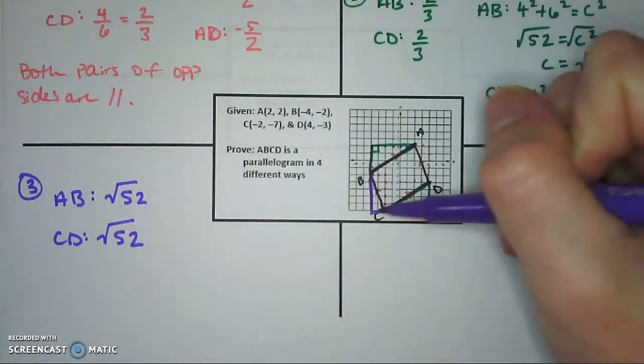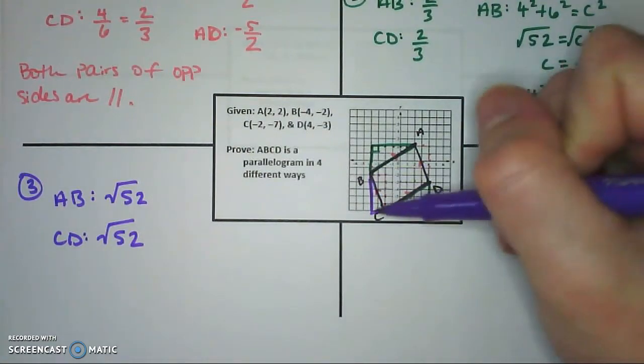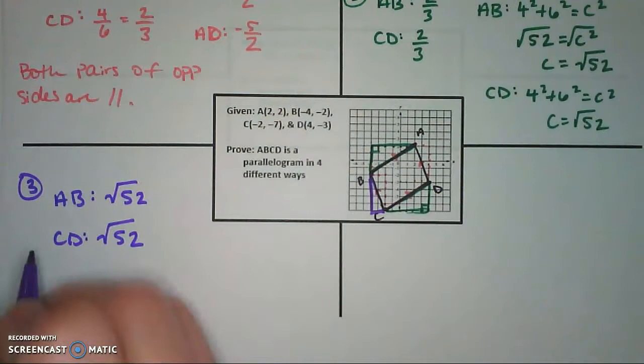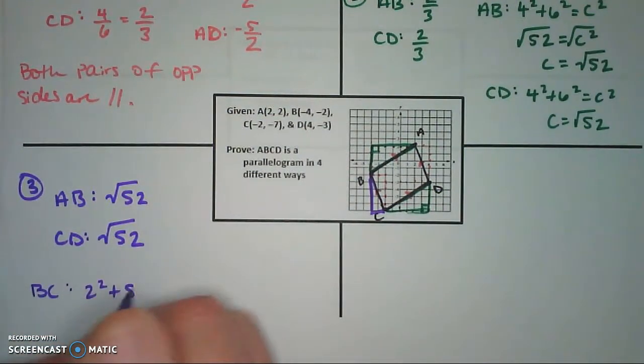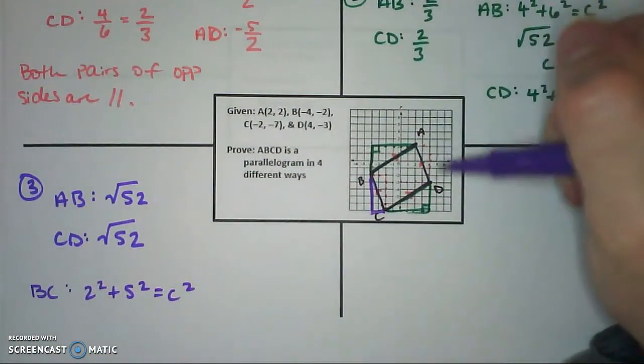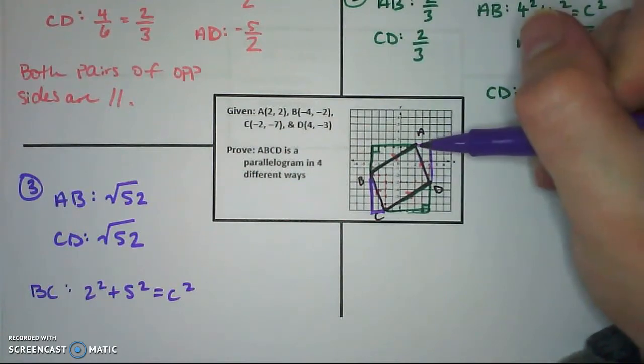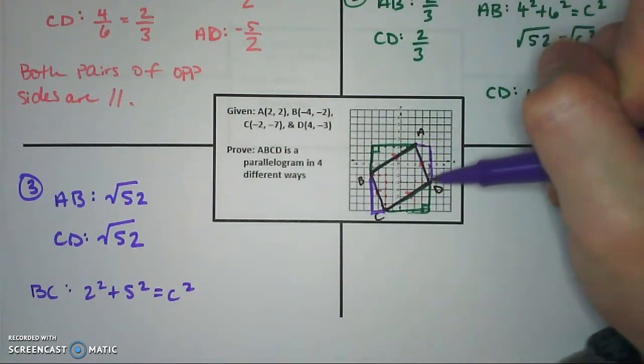So you're using 2 and 1, 2, 3, 4, 5, I believe. Yep, 2 and 5. Got to go all the way up to the point. So to find BC, we're doing 2 squared plus 5 squared is equal to c squared, and then we'll check to see if this triangle has the same dimensions, which I know it's going to. Again, 2 and 5.